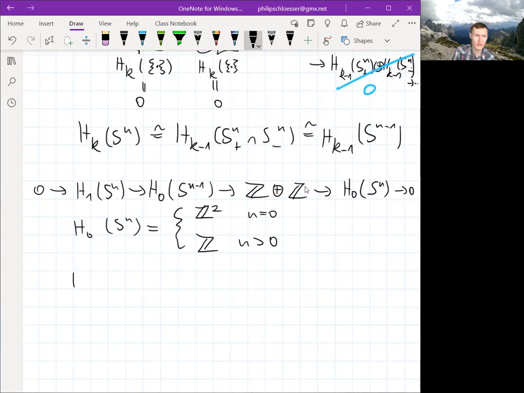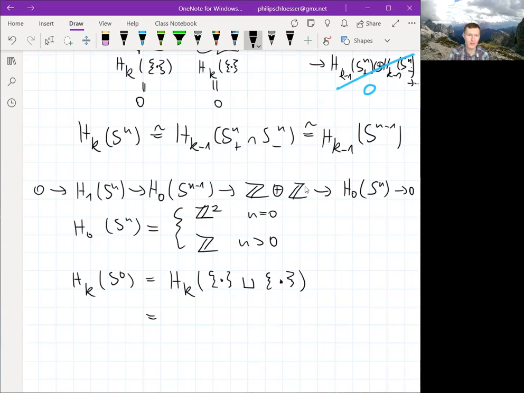We can also write down one more edge case, namely Hk of S0, because S0 is just 2 points. So Hk of S0 is Hk of the singleton set coproduct with the singleton set.